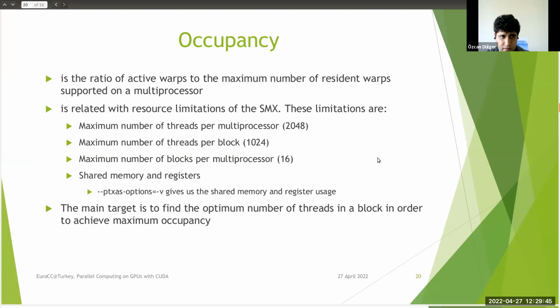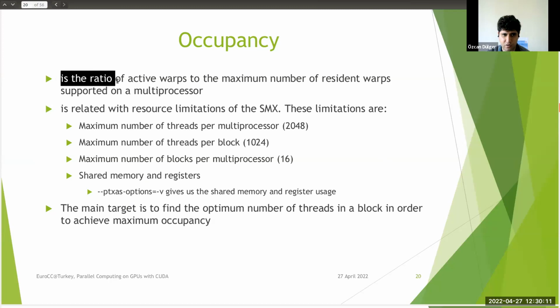Okay, now occupancy. The third issue is occupancy and the streaming multiprocessor. Occupancy is the ratio of active warps to the maximum number of resident warps supported on a multiprocessor. This is important.